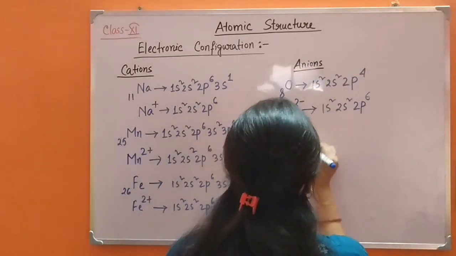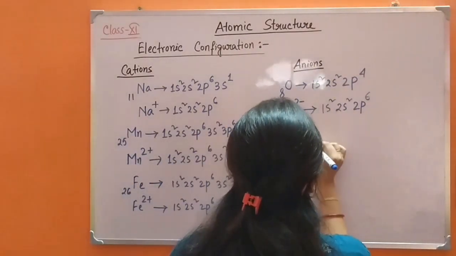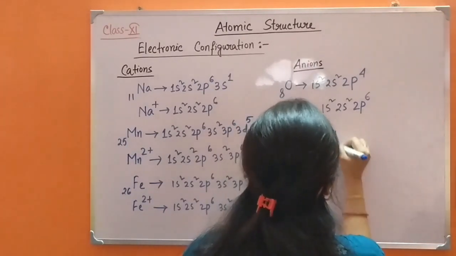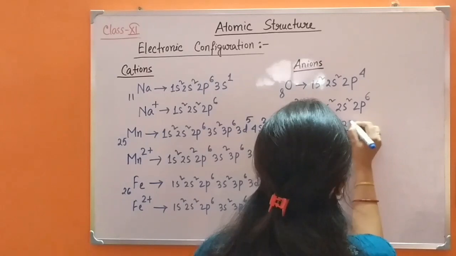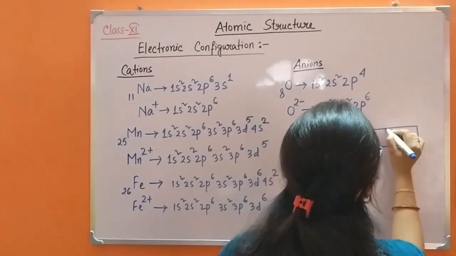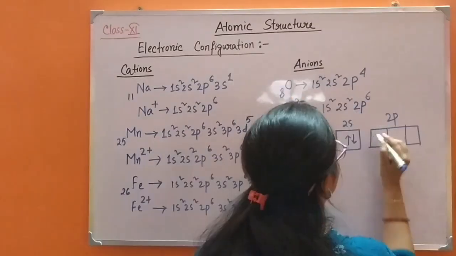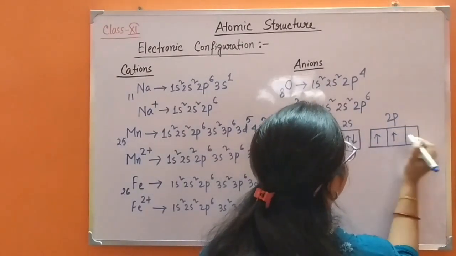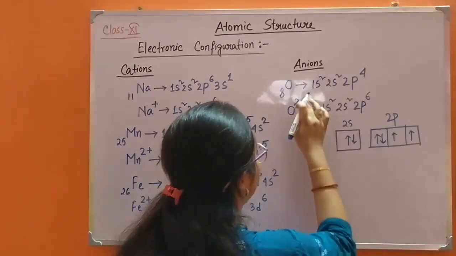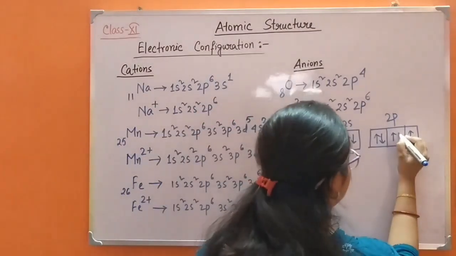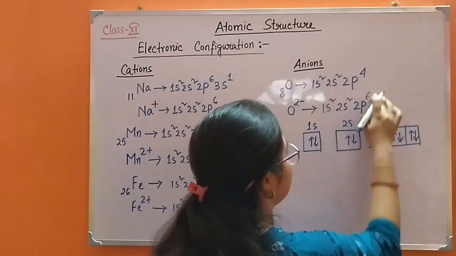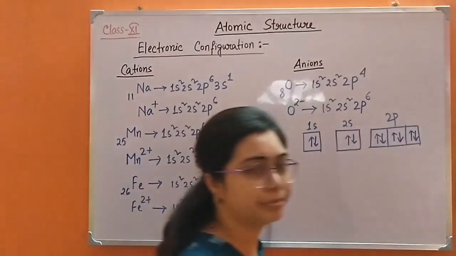So, for oxygen, this is 1s2, 2s2, and 2p4. 1, 2, 3 and 4 electrons are present. In O2-, these 2 electrons will be accommodated here and 2p6 will be formed.